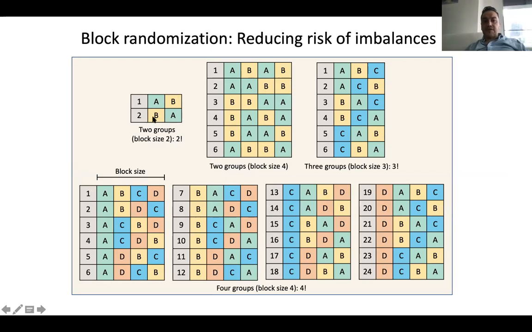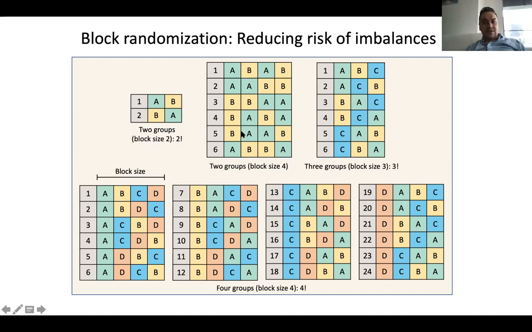So you are jumping from 2 possibilities to 6 possibilities only by increasing the block size to 4, right? I want you to understand this, because a block size of 2 is AB and BA. There's absolutely no more choice. But if you have the same two groups and a block size of 4, look: AABB, BBAA, ABAB, BABA, BAAB, ABBA. It's going to be more difficult to guess the next one, right?